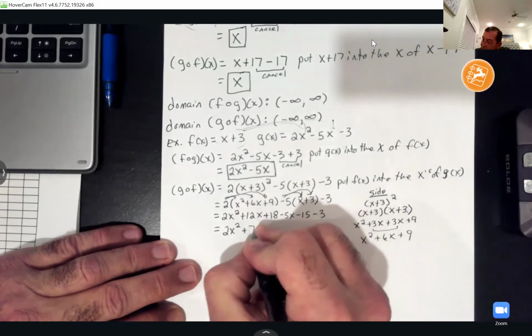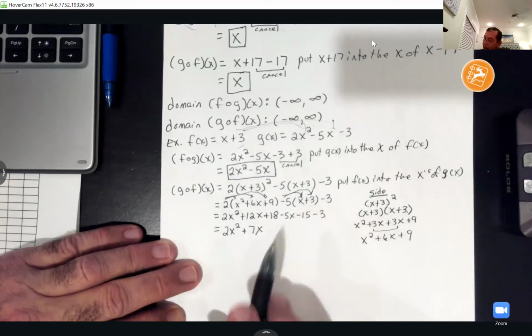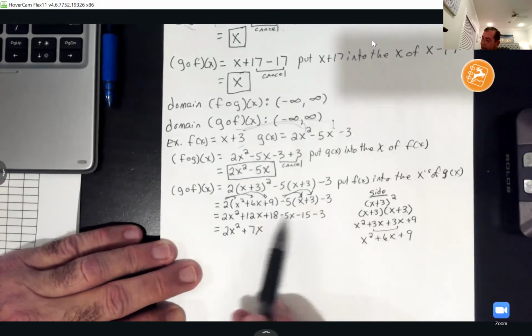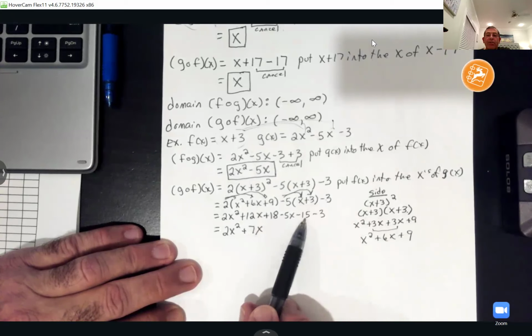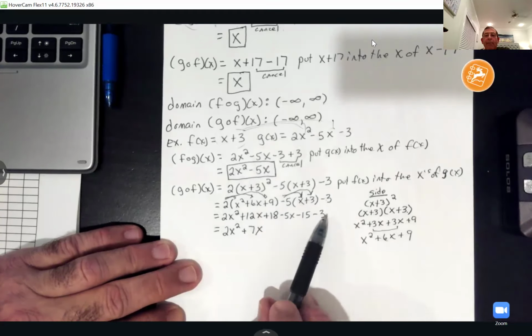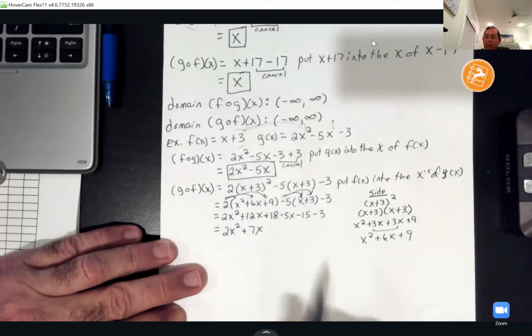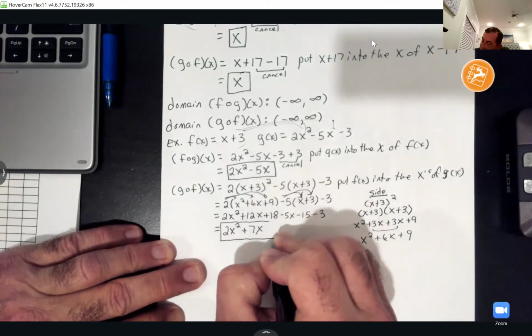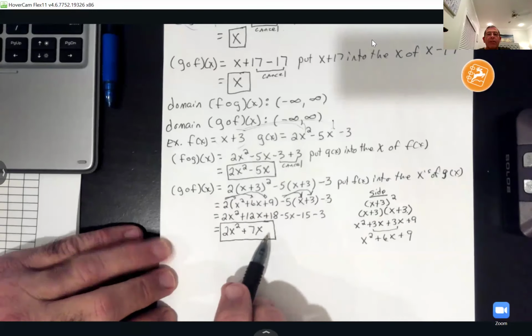So that'll leave us what? 7x's. Oh, I think the numbers are going to cancel, ain't they? 18 minus 15 is 3. 3 minus 3 is 0. So our final answer is 2x squared plus 7x.